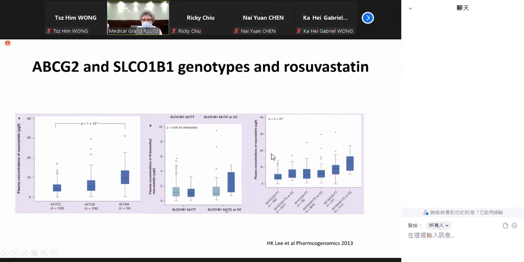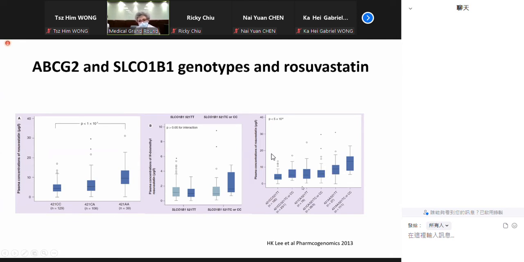The other one, the SLCO1B1 gene, is also associated with increased level of the metabolites of rosuvastatin, but not with the original drug. But the important point is that when people have both SNPs, you could see that the rosuvastatin level is markedly elevated, 3 times or so.